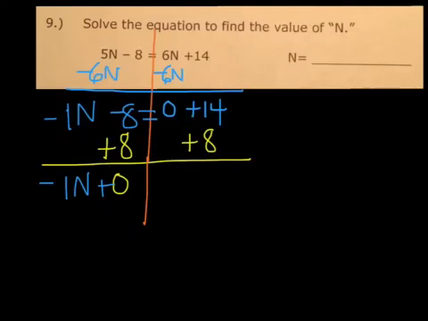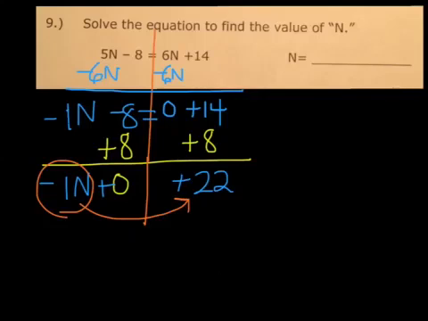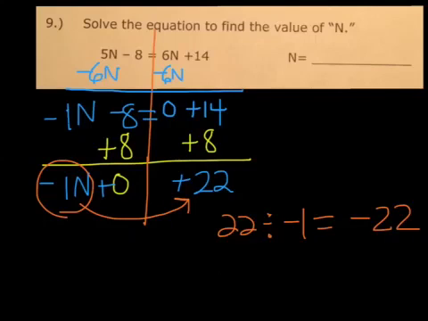And then on the right side, it says positive 14 and positive 8. That is going to go together to be positive 22. Now the last step I need to do, negative 1 needs to divide into positive 22. 22 divided by negative 1 equals negative 22. So number 9 is negative 22.